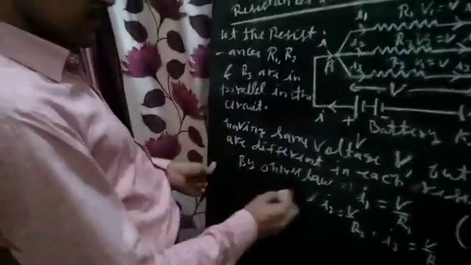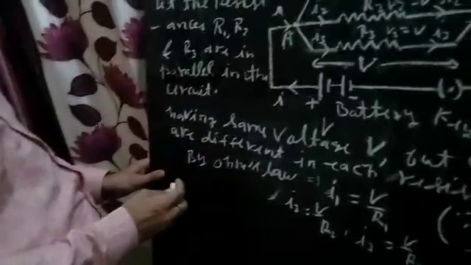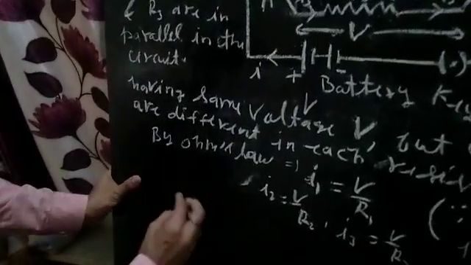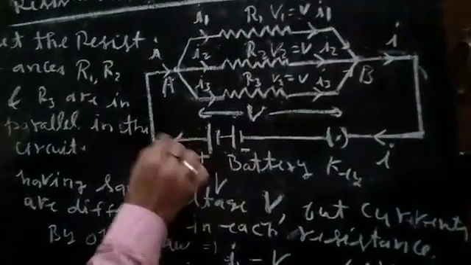Clear students? The total voltage V is supplied by the battery to the circuit.